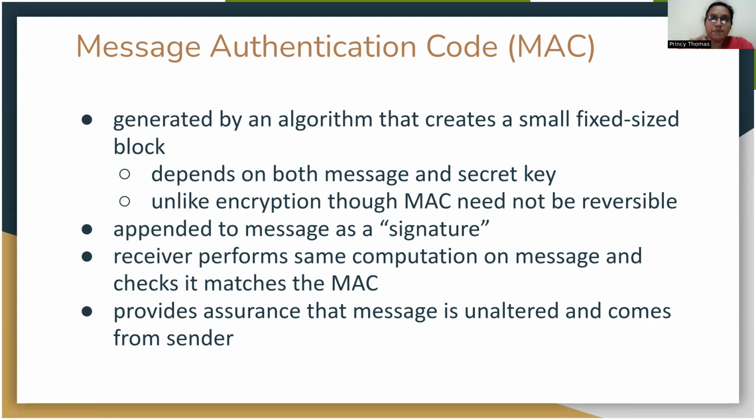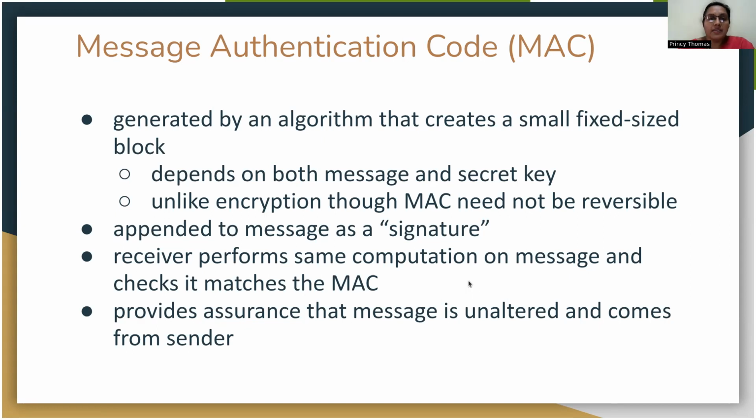But unlike encryption, this MAC does not need to be decrypted. When we are doing encryption, we use a decryption algorithm to decrypt it. Here, MAC is just for verifying that this is sent by an authentic user. So we don't need to decrypt the MAC. What we need is to check whether the MAC has not been altered. So this does not need to be reversible.